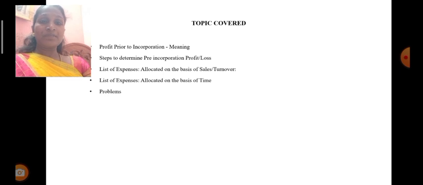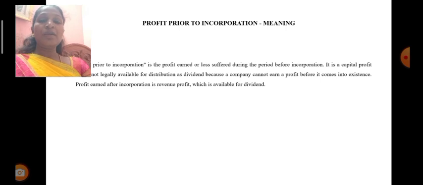The third item is the list of expenses to be allocated on the basis of sales ratio. Then the list of expenses allocated on the basis of time ratio, with small problems. So what is profit prior to incorporation?